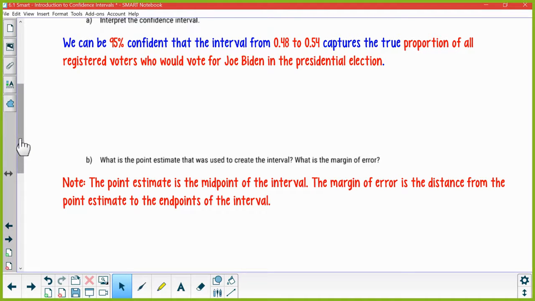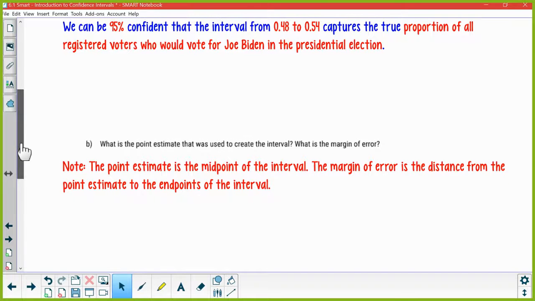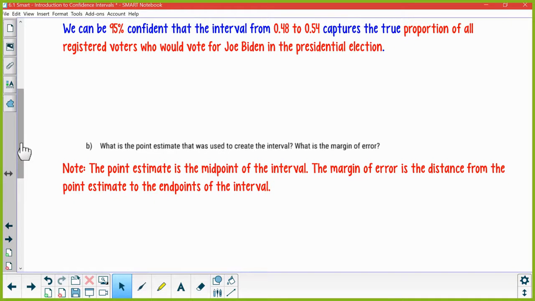So what I do, you could calculate either one first. Typically, I like to calculate margin of error first, just because it's a little bit easier to see what that distance is and then apply it in order to get your point estimate. So for margin of error, I took my upper bound of 0.54, I subtracted my lower bound of 0.48, and I divided that by 2.